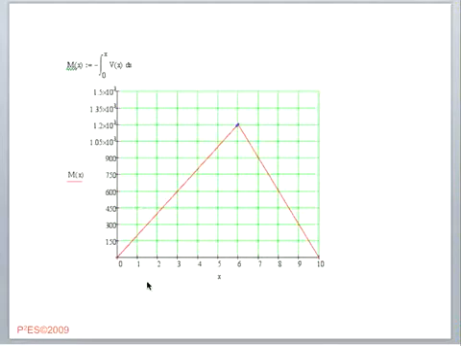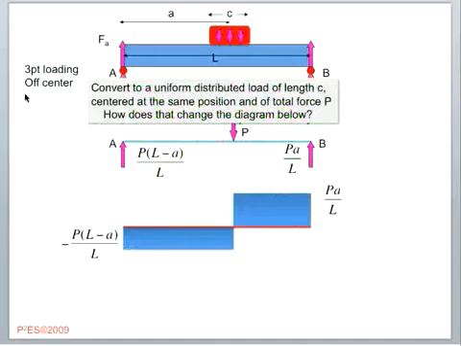Now we can use the same idea to do a little bit more complicated example. What I've done is I've spread this same force across some distance, but it's centered at the same position A. So it's centered at the same position A, but I've distributed it and given a distributed force. In this case, this would be P divided by C per unit distance.